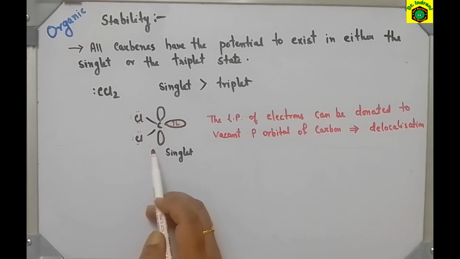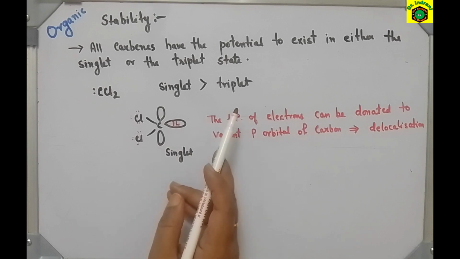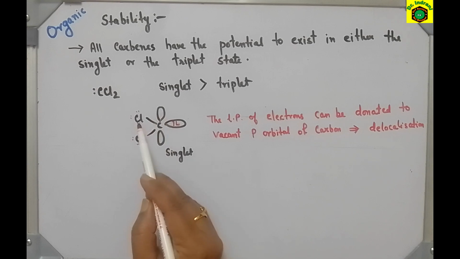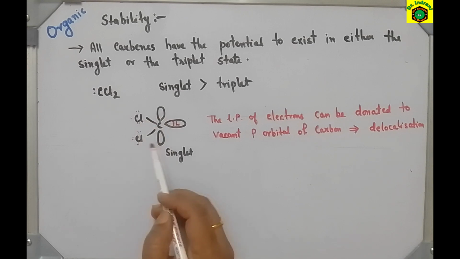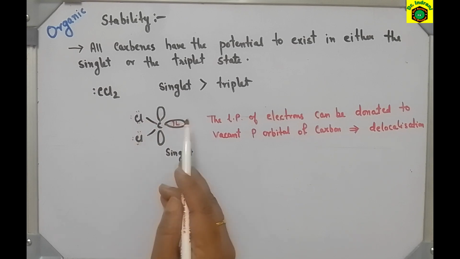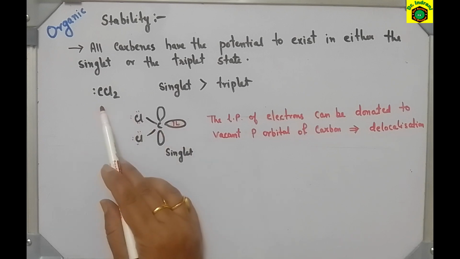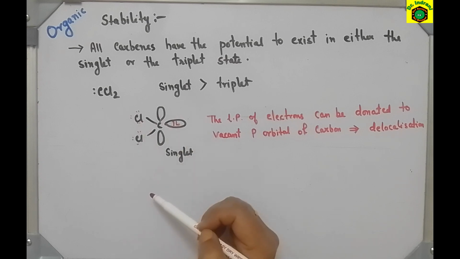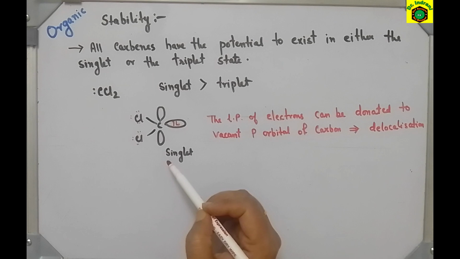In triplet carbene no vacant p orbital is there, so that type of delocalization of the lone pair of electrons of halogens is not possible. That's why singlet is more stable here, due to delocalization of these electrons into the vacant p orbital.